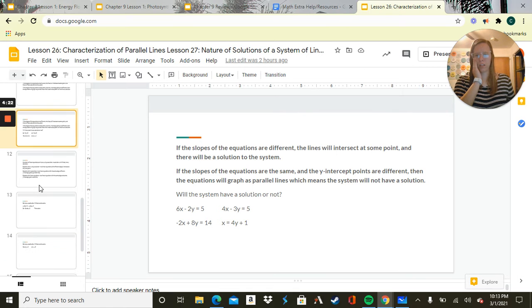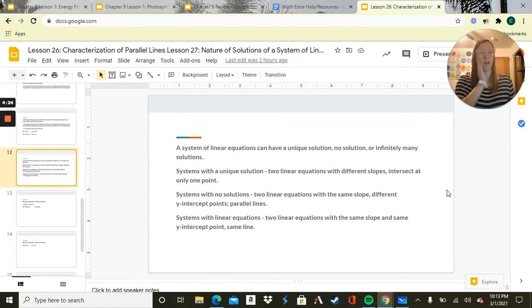Okay? So next, how do we know what type of solution? A system of linear equations can have a unique solution, no solution, or infinitely many solutions. Systems with a unique solution are two linear equations with different slopes that intersect at only one point. Systems with no solutions are two linear equations with the same slope, different y-intercepts, and they'll be parallel lines.